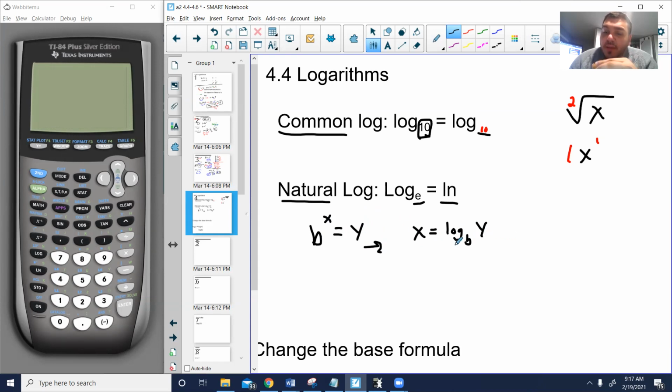These two things are the same thing. Logs and exponents are inverses of each other. So it's very important to know that the base of the exponent and the base of the log are the same. We covered this last time. I just wanted to tell you now, just to refresh ourselves.